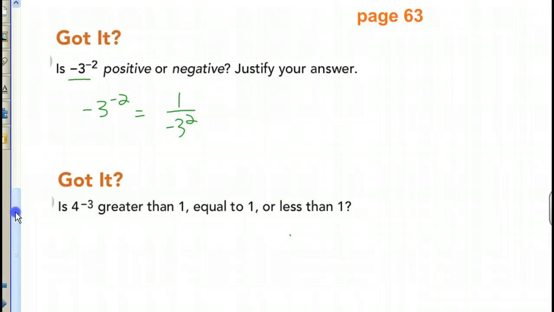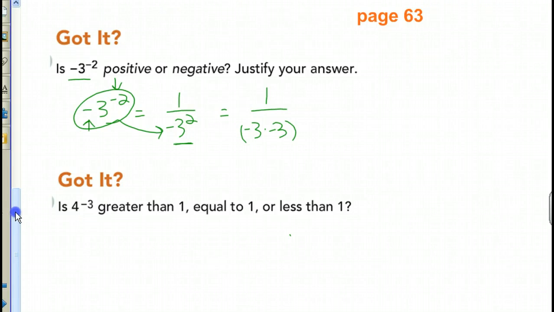When you move this down to the bottom, only the exponent becomes positive, not the number. So this still stays negative 3 squared. Well, 1 over negative 3 squared is just 1 over negative 3 times negative 3. And we know a negative times a negative is a positive, so this is 1 over 9.